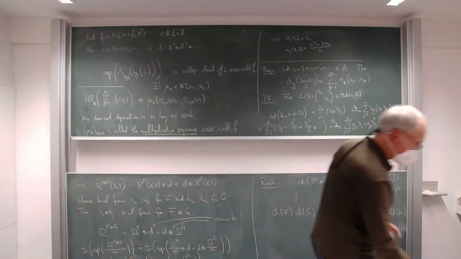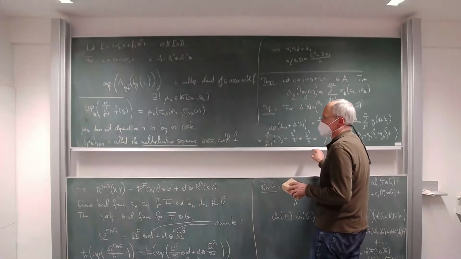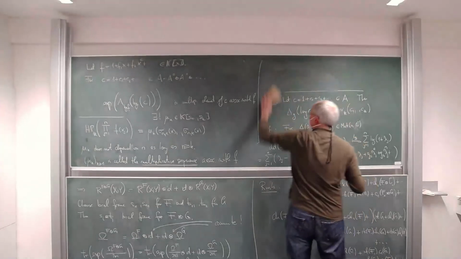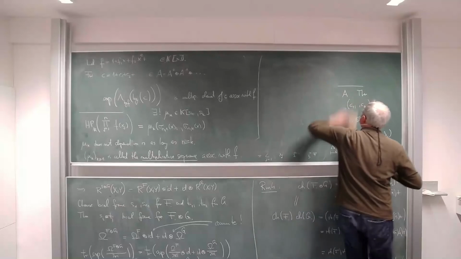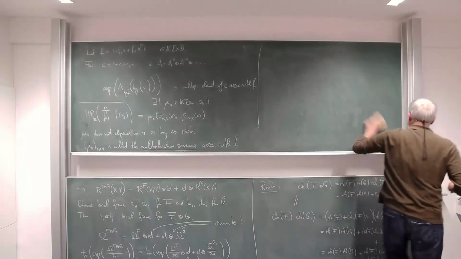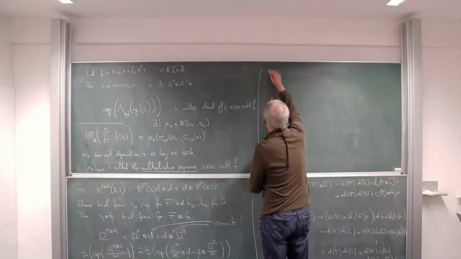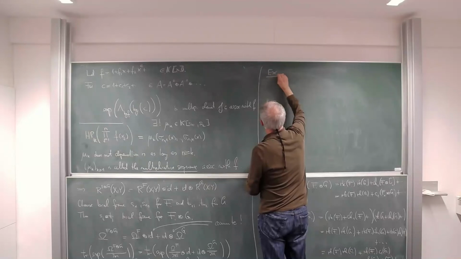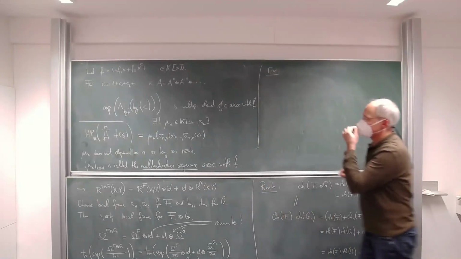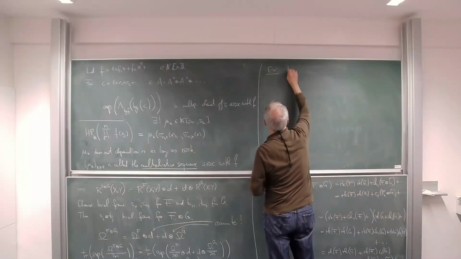Alright, let's do this in an example before we come to characteristic classes. Example. The power series f that I want to take this time is the so-called Todd series.